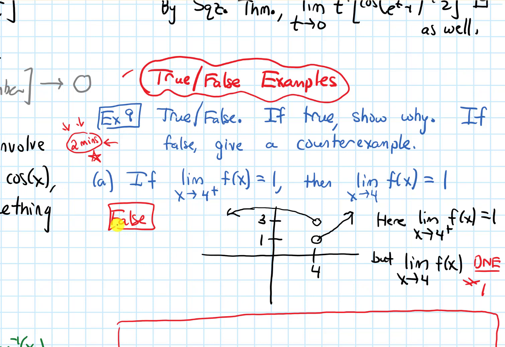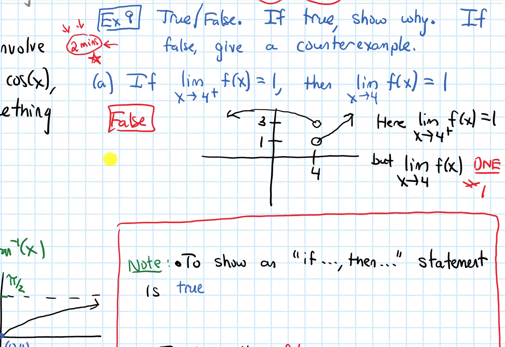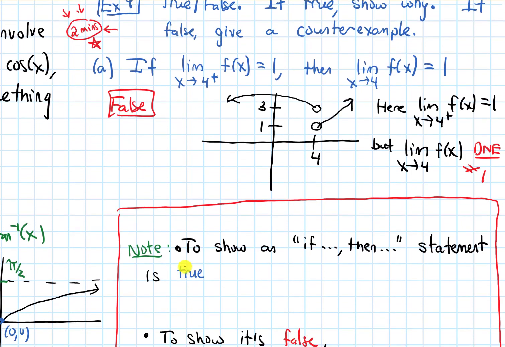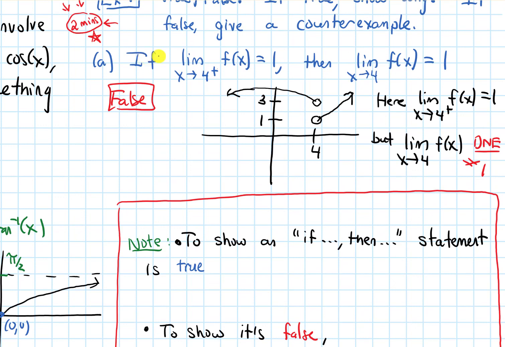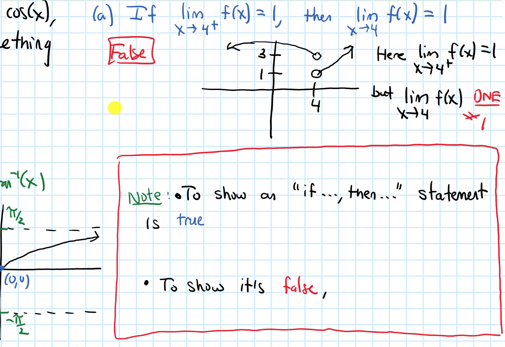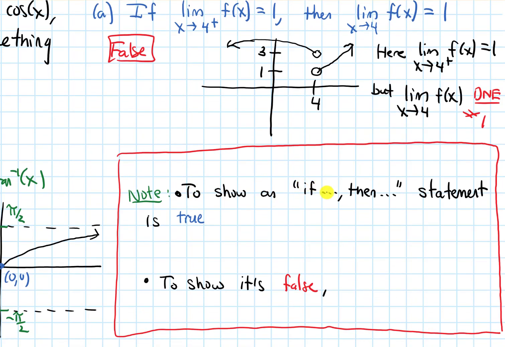So next, let's talk about some general strategy for if-then statements and how to show that they're true and how to show that they're false. What does it take? In part A, I have this if-then statement. It said if some limit statement, then something. In general, to show an if-some-stuff-then-some-stuff statement is true, we must explain why.